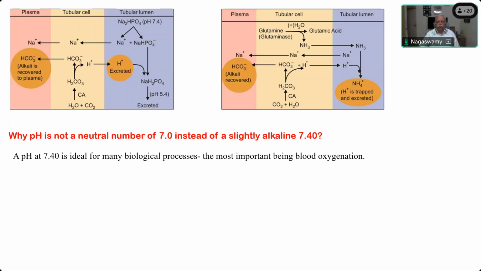So your oxygen carrying is mainly because of the slight alkalinity, and that is why in pregnancy, what is the PCO2 level in the mother? In a pregnant woman, is it 40 or less than 40?